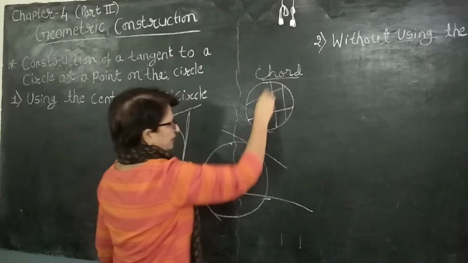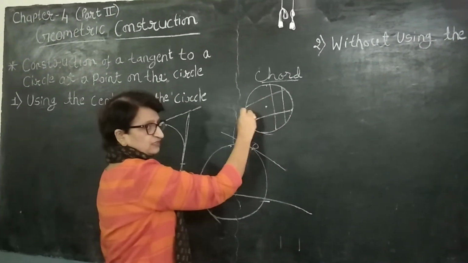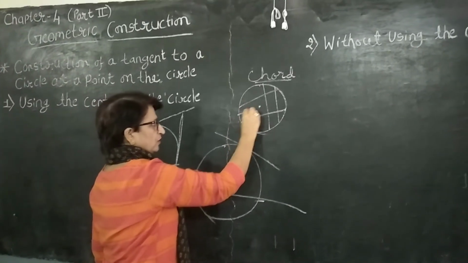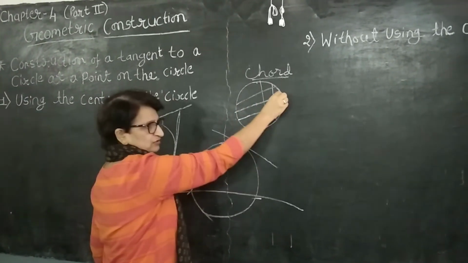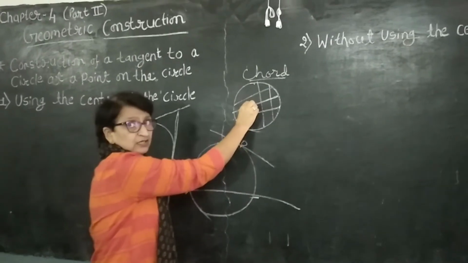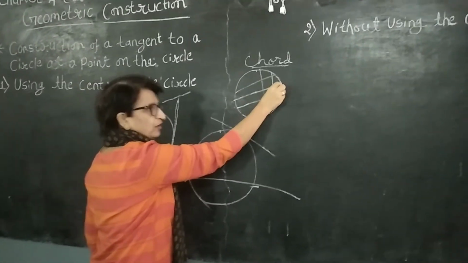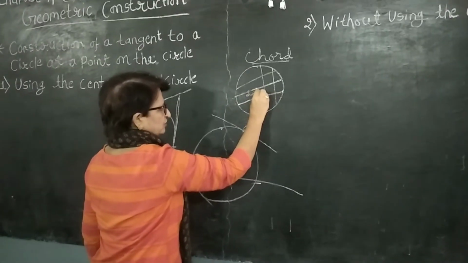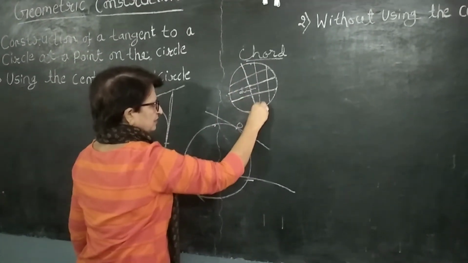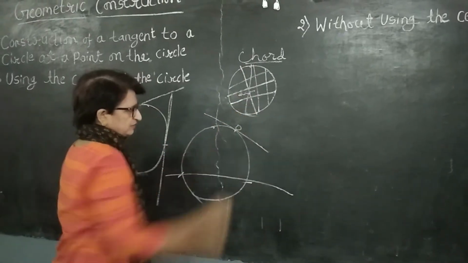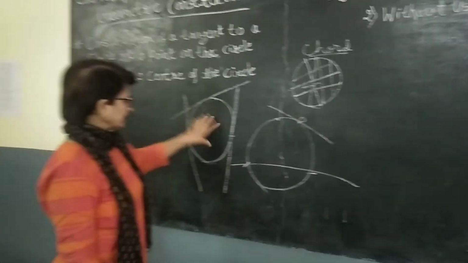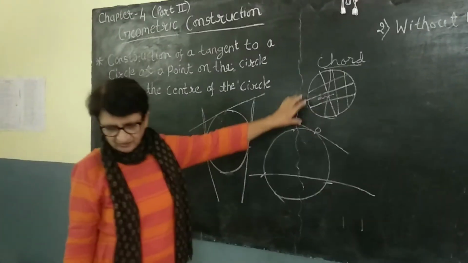This is a chord, and you must have already studied in junior classes that the longest chord is the diameter which passes through the center of the circle. That chord is the longest chord which is the diameter. It may be this diameter or it may be like this diameter. Understood? So tangent, secant and chord.